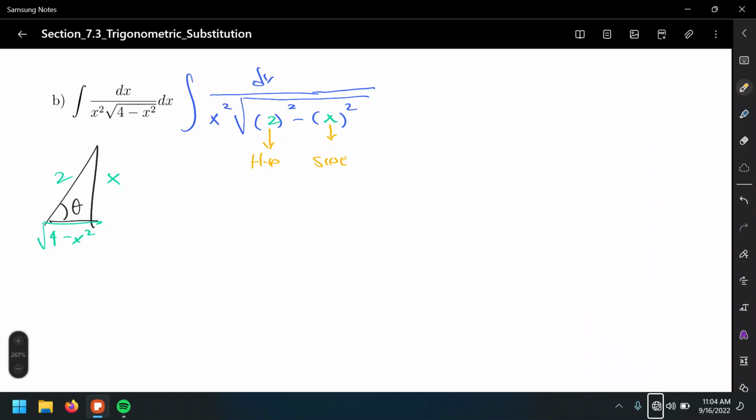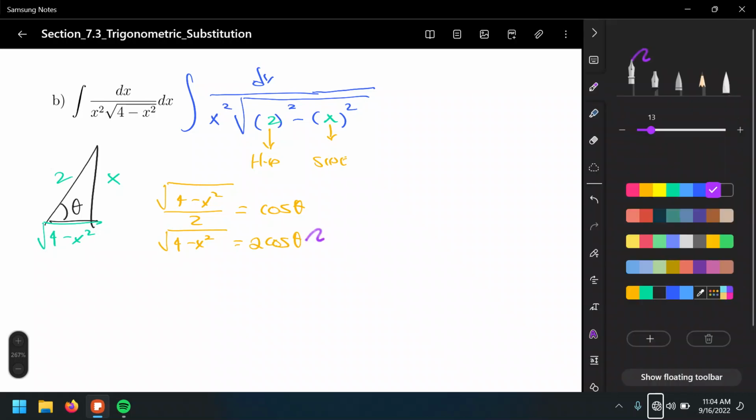So radical over 2, that's the square root of 4 minus x squared, divided by 2. And which trigonometric function is this? Cosine. Okay, let's solve for the radical. That's 2 cosine theta. And that's going to be our first ingredient in the substitution.